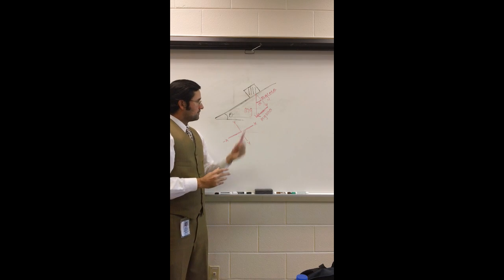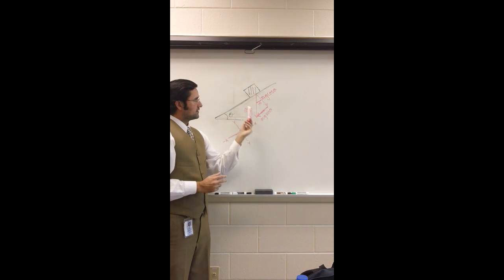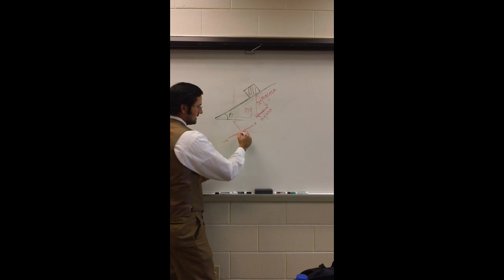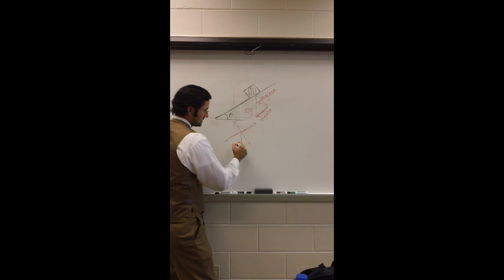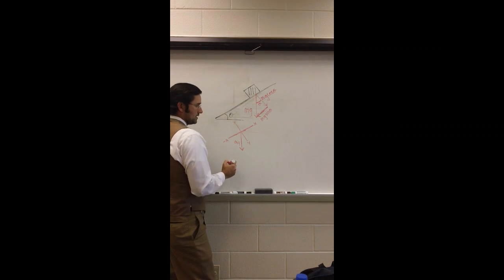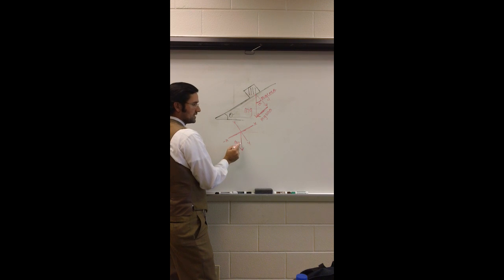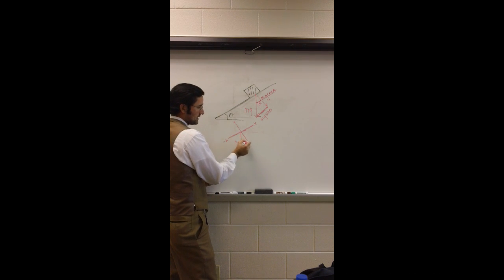So now maybe it's a little bit clearer that when you look at this diagram, this force of gravity, when you draw it on your xy axis, is actually going this way. That's your force of gravity. Thus, I can break it up into its y component and into an x component.